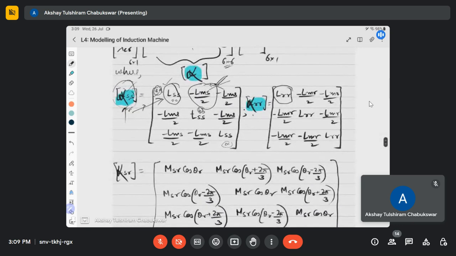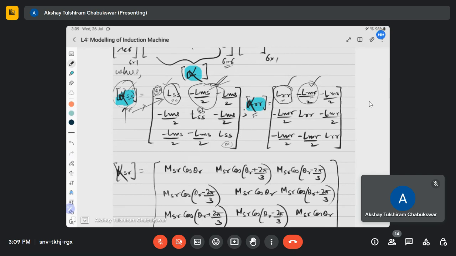Similarly, lambda RR also has two terms, LRR and LMR. LRR is the inductance in a rotor winding due to current in its own winding, and LMR is the inductance in a rotor winding due to the current flowing through other rotor windings.